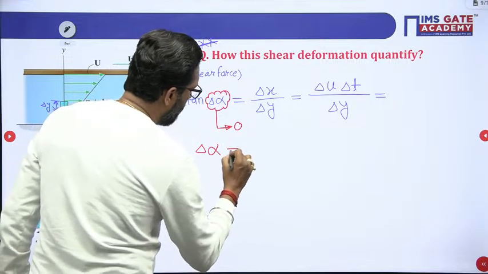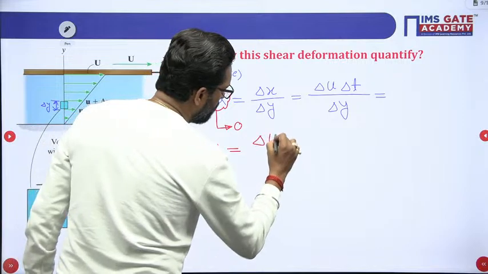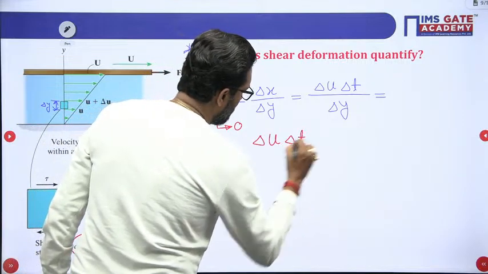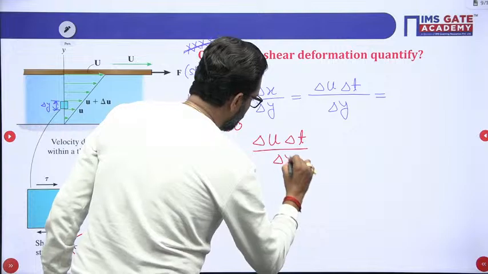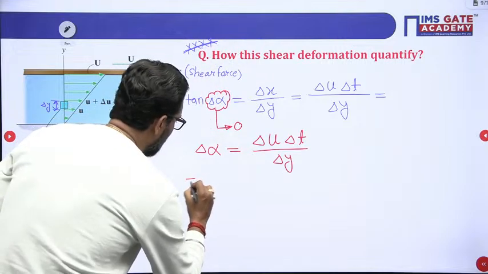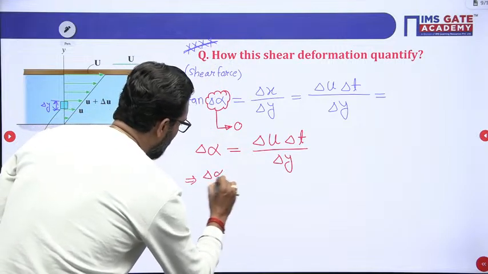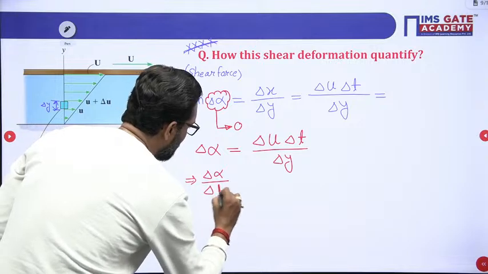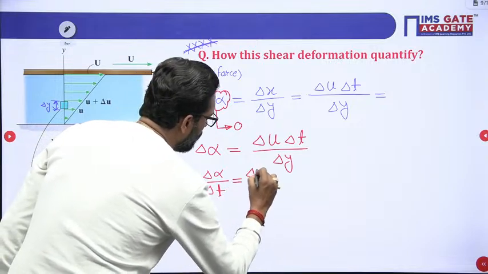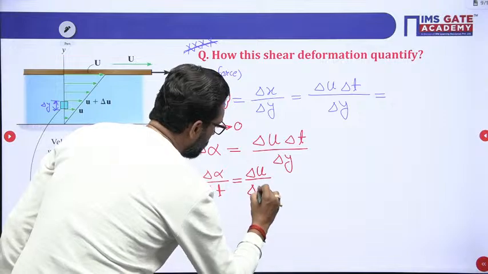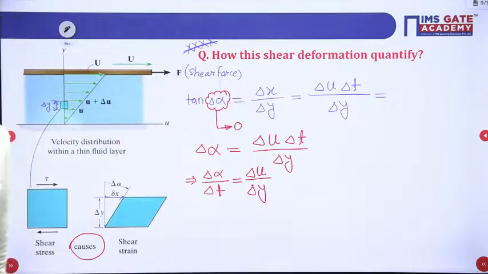So del alpha is equal to del u del t by del y. So if you take del alpha by del t, it is equal to del u by del y. No problem at all.